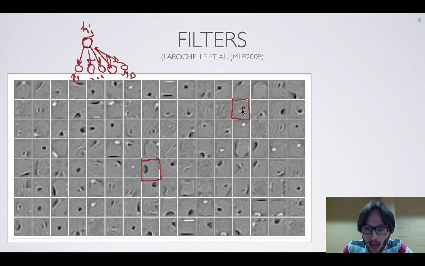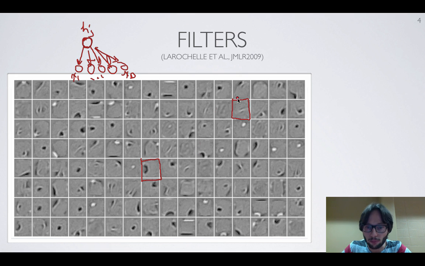So if we add white pixels here in the original image, that would increase the probability of that hidden unit being equal to 1. And if it's black, like here, on the other hand, if the value of the pixel is positive, non-zero, then this will decrease the probability of the hidden unit being equal to 1.